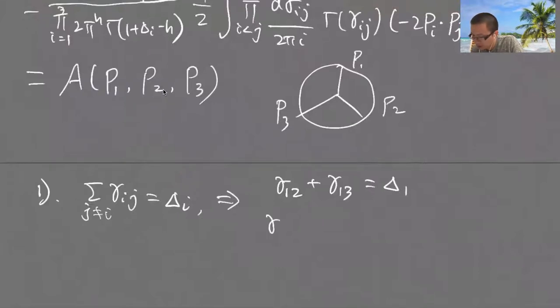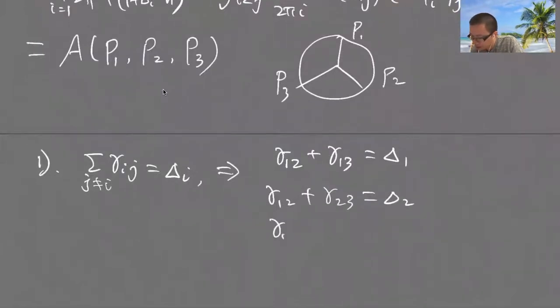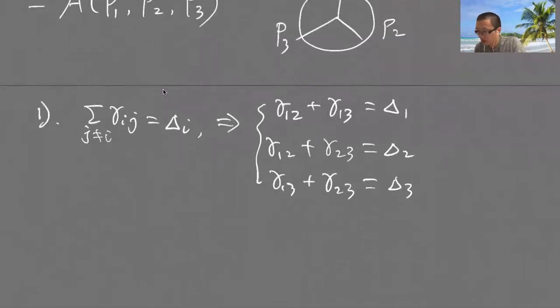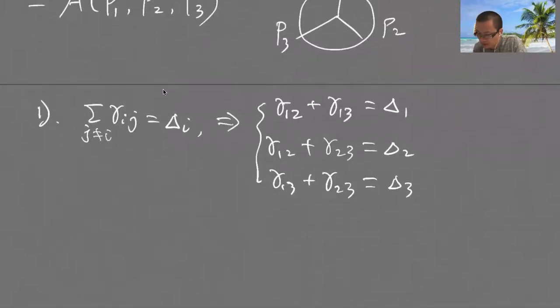Gamma 1,2 plus gamma 2,3 equals delta 2. Gamma 1,3 plus gamma 2,3 equals delta 3. So we have 3 unknowns, gamma 1,2, gamma 1,3, gamma 2,3, and 3 equations. You can solve them.